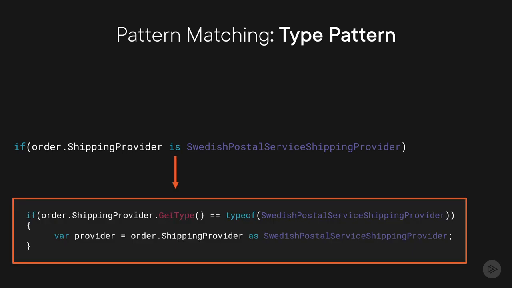An alternative way would have been to get the type from the instance by calling GetType and compare this with what you'd get from typeof. You'd have to manually cast the shipping provider to the correct type and then store this as a local variable so that it can be reused within the statement.